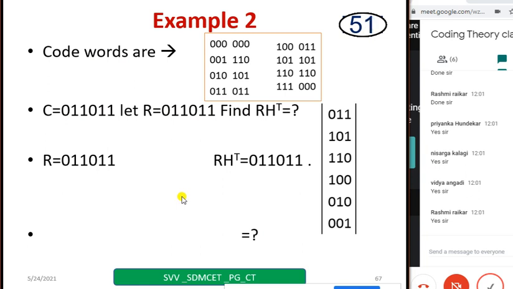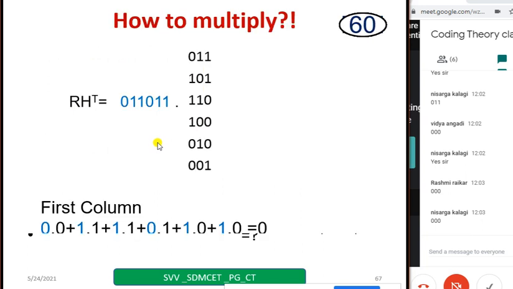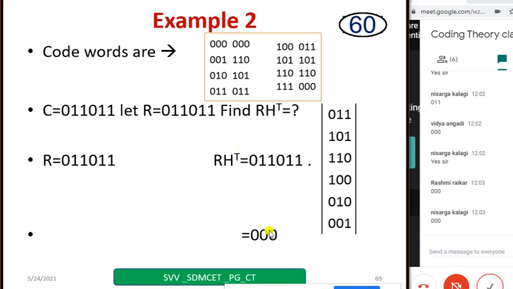What is that answer? So RH transpose equal to, when you multiply, first row again I have shown how to multiply, and the answer I got is 000. The same thing people have typed in the chat box.